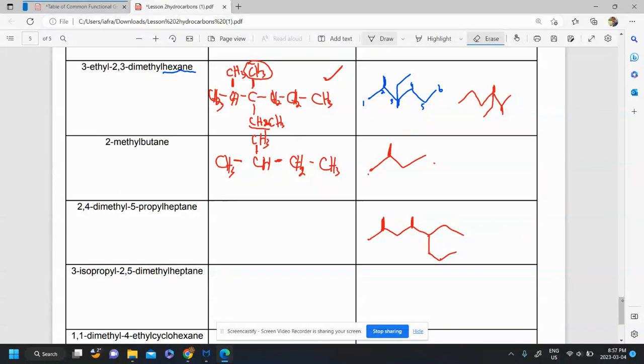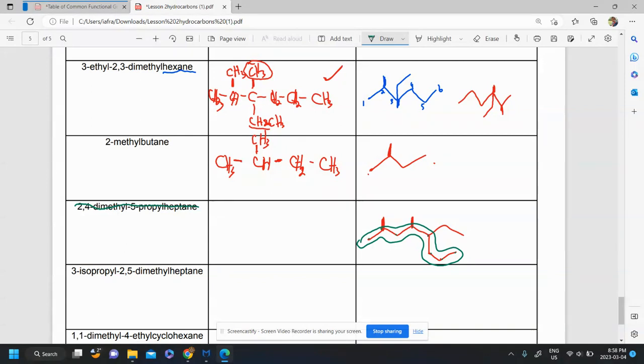There's actually a longer chain over here. 1, 2, 3, 4, 5, 6, 7, 8. That means this name is wrong. That means that name actually doesn't fit this molecule. The wrong parent chain was used.